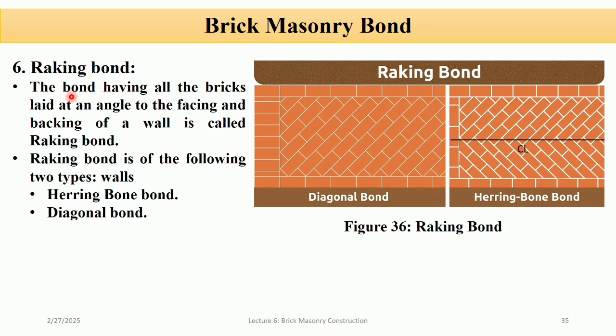Racking bond. The bond having all the bricks laid at an angle to the facing and backing of a wall is called racking bond. Racking bond has two types: one is herringbone bond and the other one is diagonal bond.